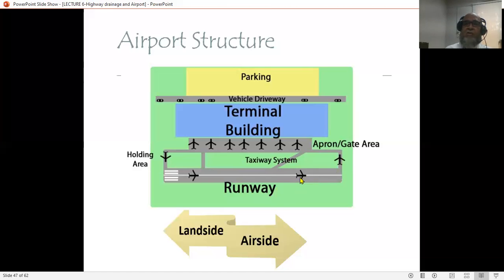So the aircraft taxis and comes and stops near the terminal building. The passengers go into the terminal building and take their baggage. If they are international passengers, they will complete their passport documentation, and then they will go out of the terminal building and take a ride back to their destination.